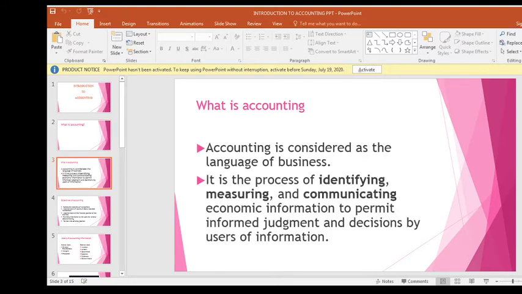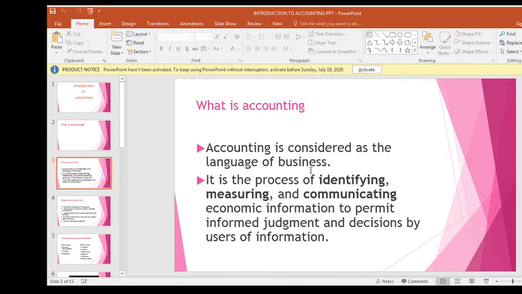Many scholars have defined accounting, but the broadest terminology that we normally use is that accounting is the language of the business. When we say that accounting is the language of the business, what we mean is that just like a language that is used for communication, accounting is used as a communication tool in the business setup.